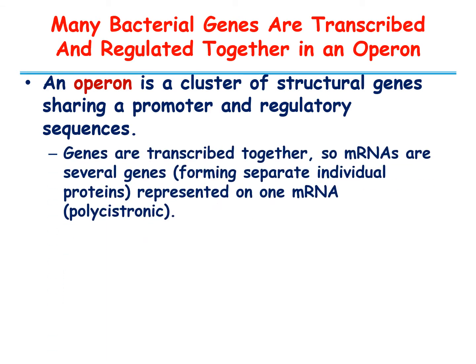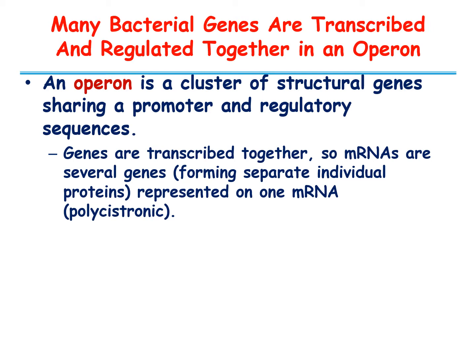So what is now happening? There will be one common mRNA formed, and this common mRNA will have those multiple genes, 1, 2 or 3, together. This leads to the formation of a polycistronic mRNA.